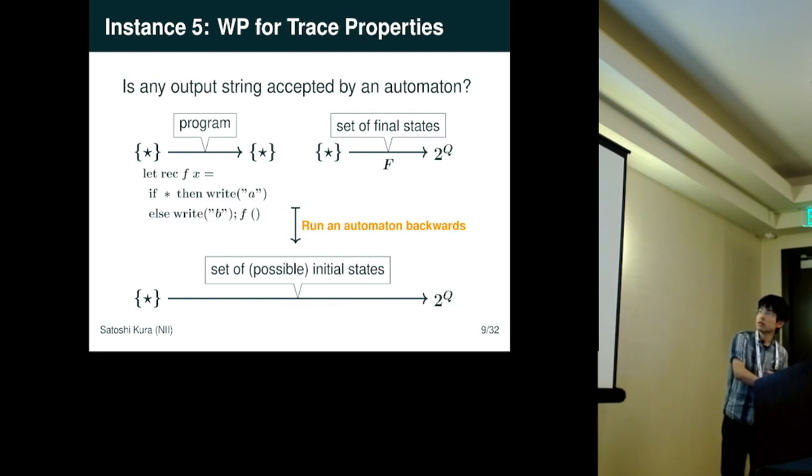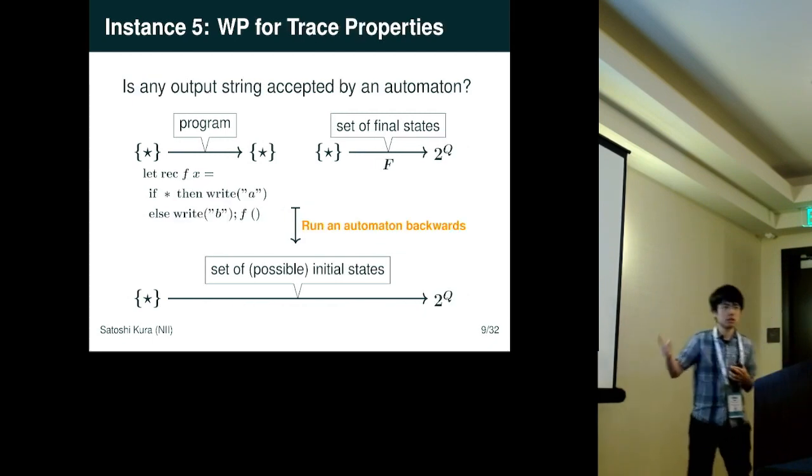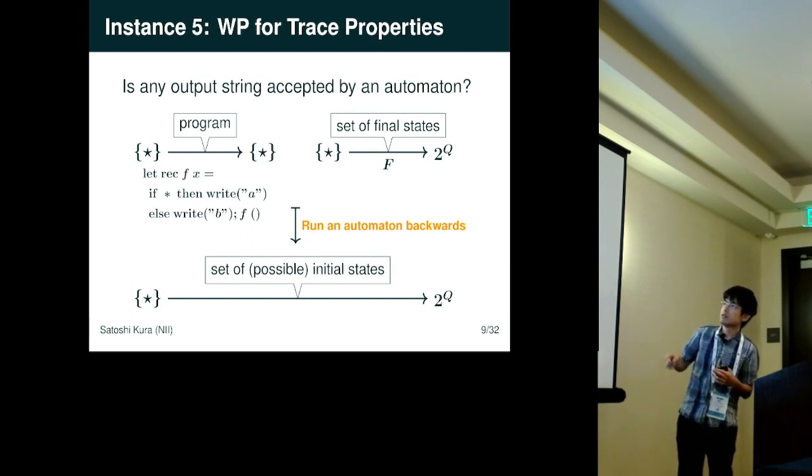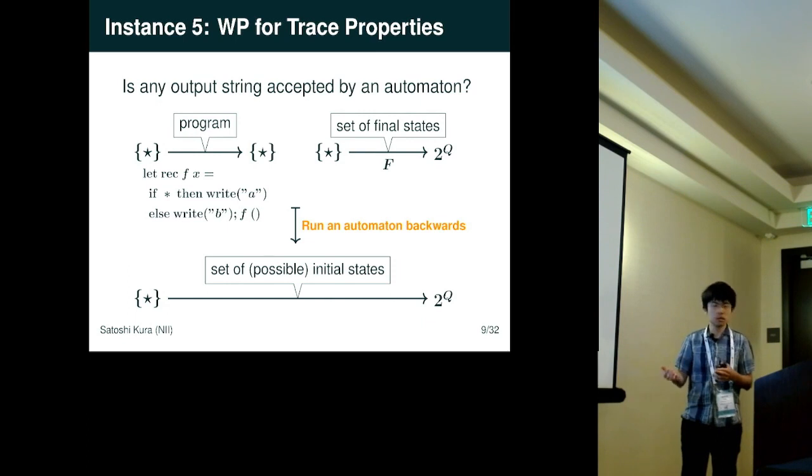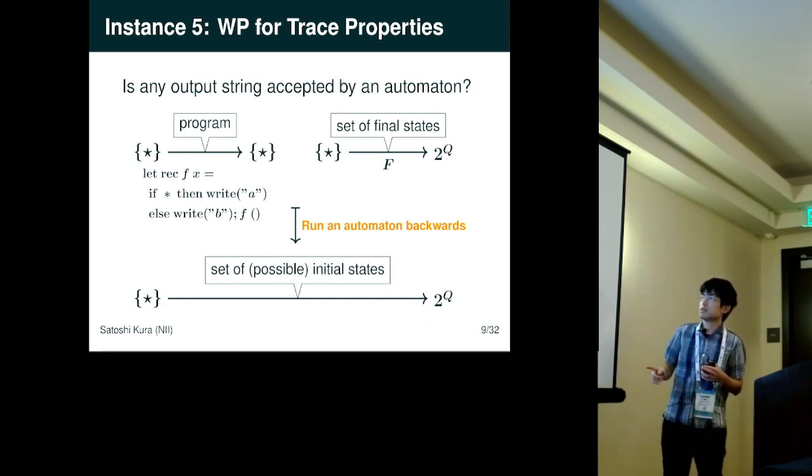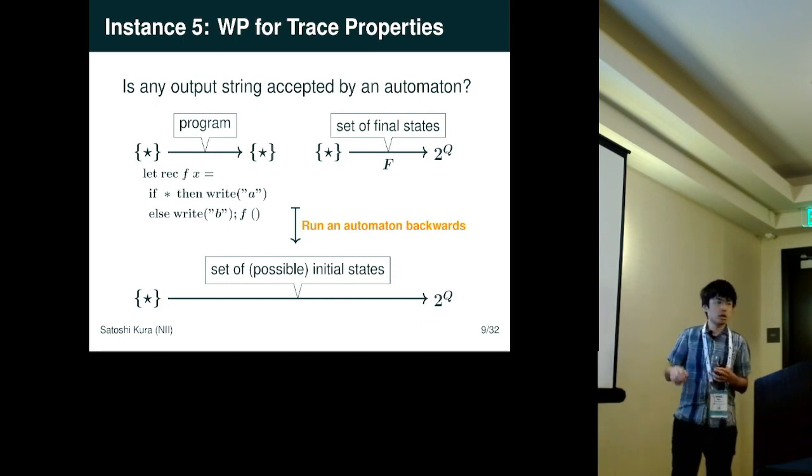Let's look at another instance. Here we consider a program that outputs strings. The problem here is, given a program and a finite automaton, we want to verify that any output string is accepted by the finite automaton.